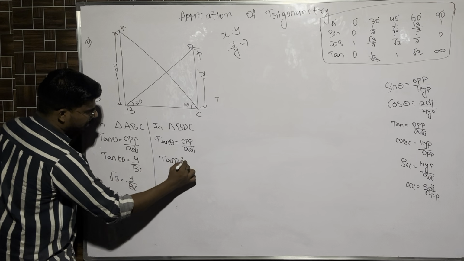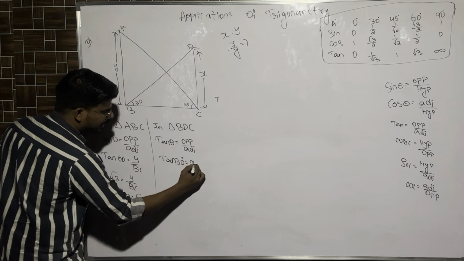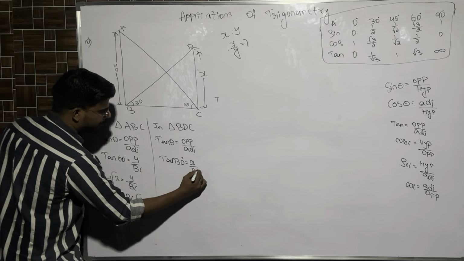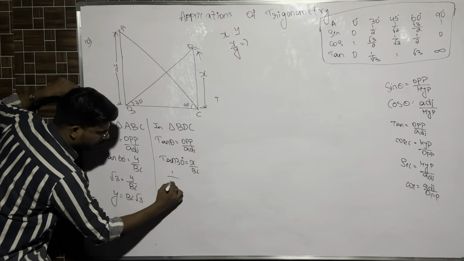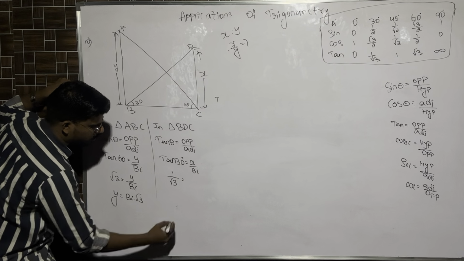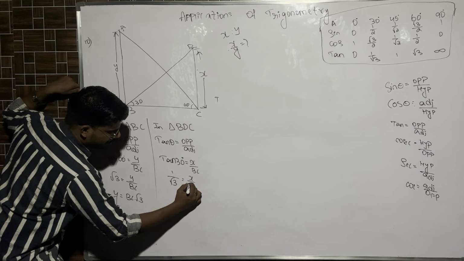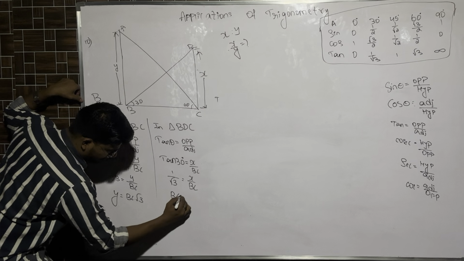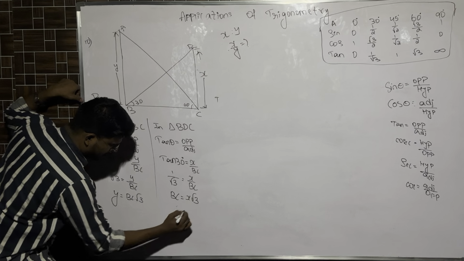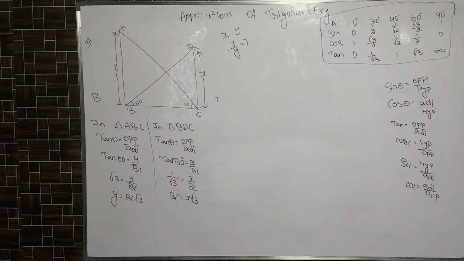Tan 30 is equal to opposite x by adjacent BC, x by BC. Tan 30 is 1 by root 3. 1 by root 3 is equal to x by BC. If I cross multiply, BC is equal to x root 3.